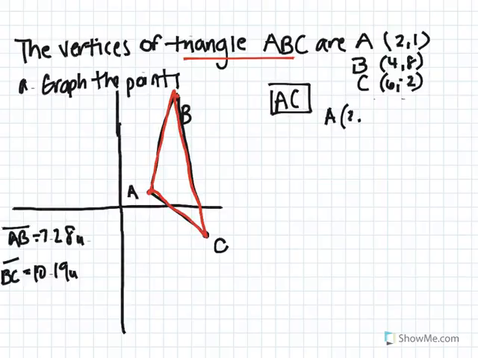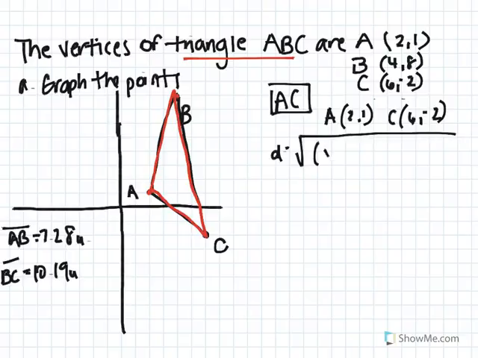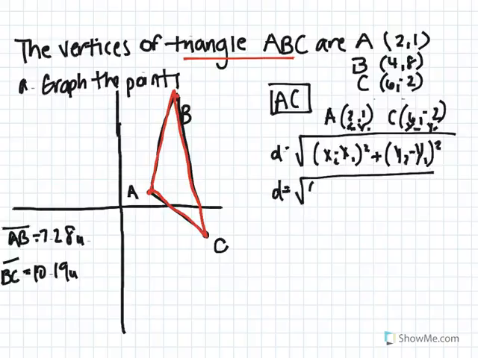And that will be A is (2, 1), C is (6, -2). Distance equals the square root of (x2 minus x1) squared plus (y2 minus y1) squared. I'm going to label my stuff. And I'm going to get distance equals the square root of 6 minus 2, squared, plus negative 2 minus 1, squared.